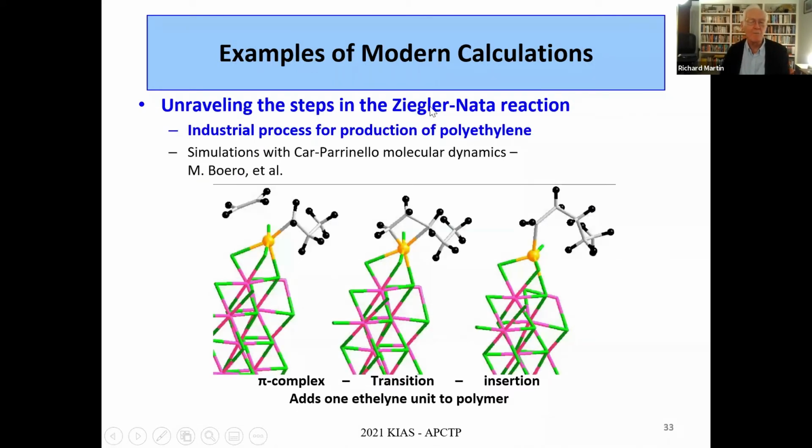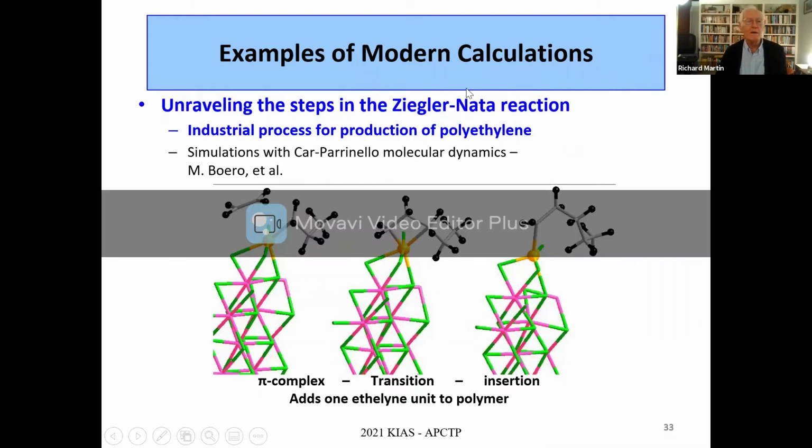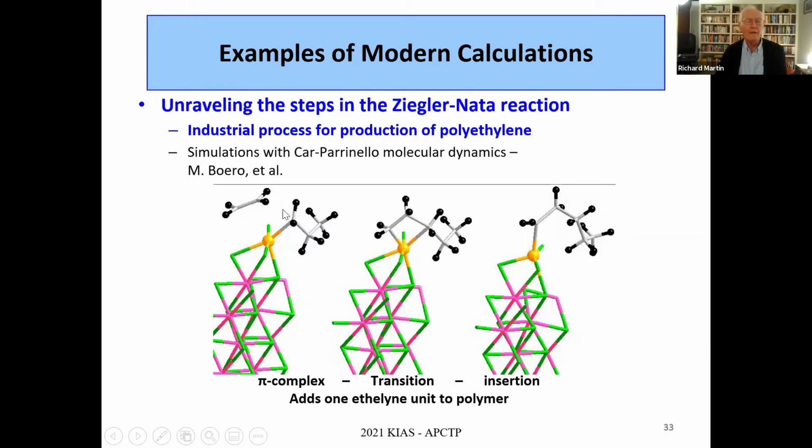Another example that I found really impressive is the study using the Car-Parrinello molecular dynamics method of a problem that's very important for industrial production of polyethylene. It's the Ziegler-Natta reaction for adding an ethylene to a polyethylene polymer to add one more ethylene to the length.